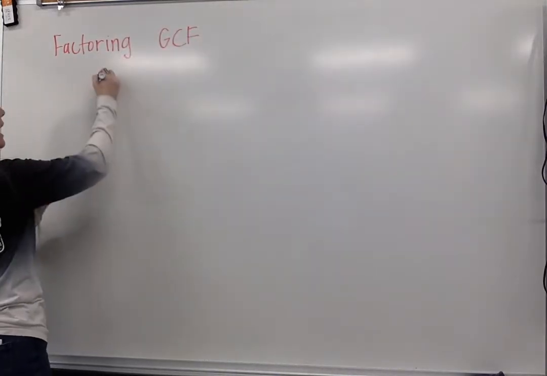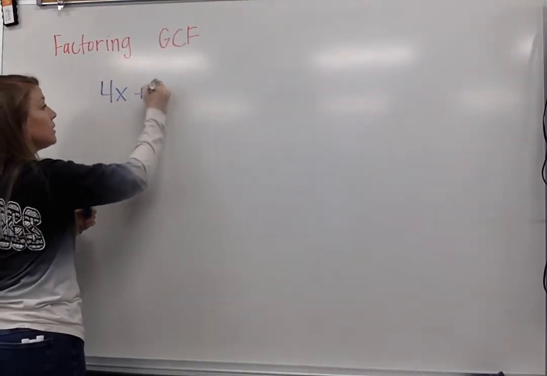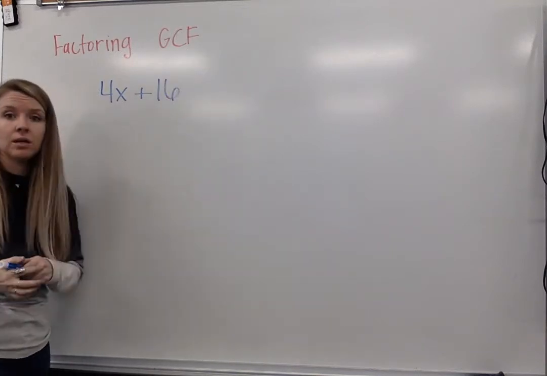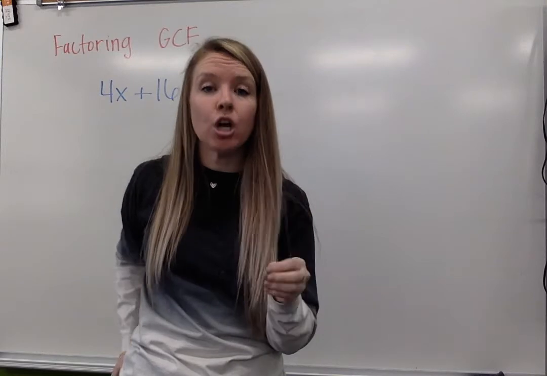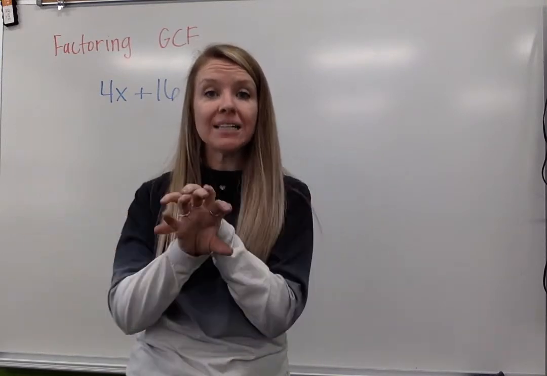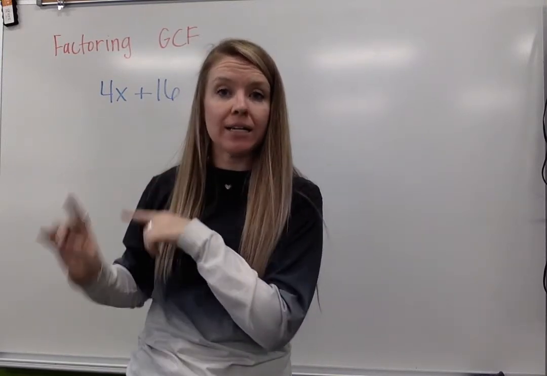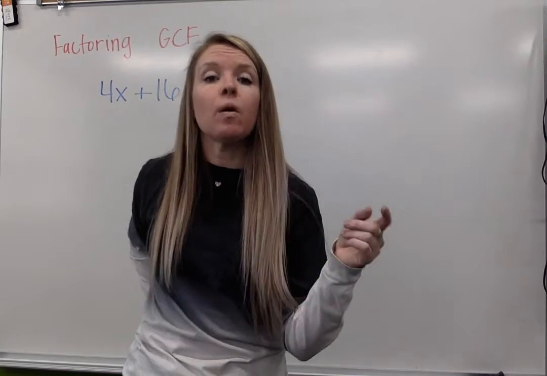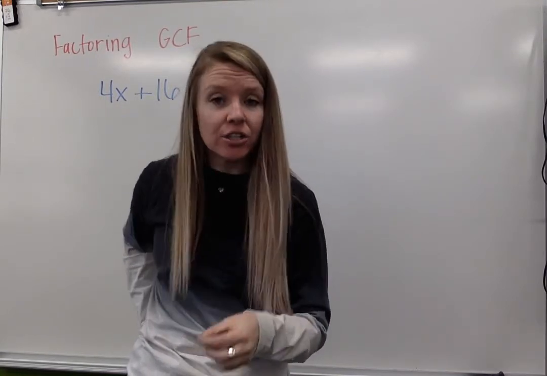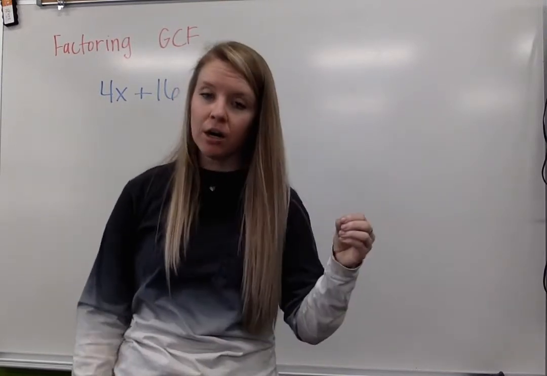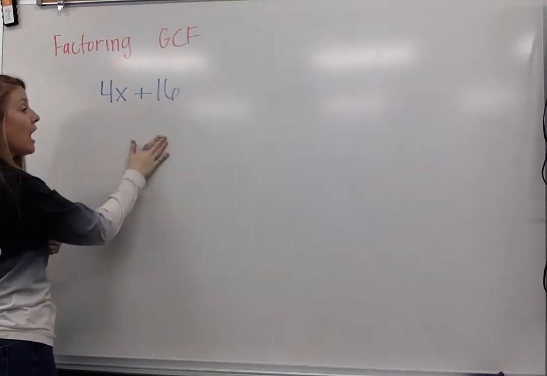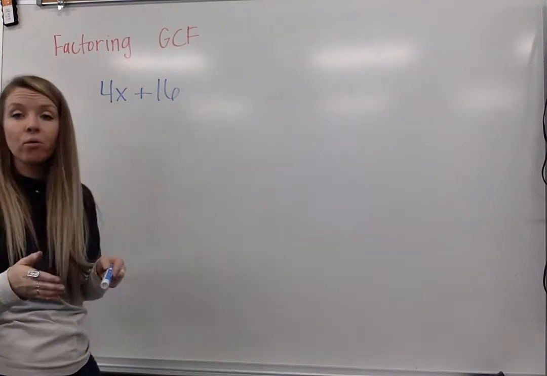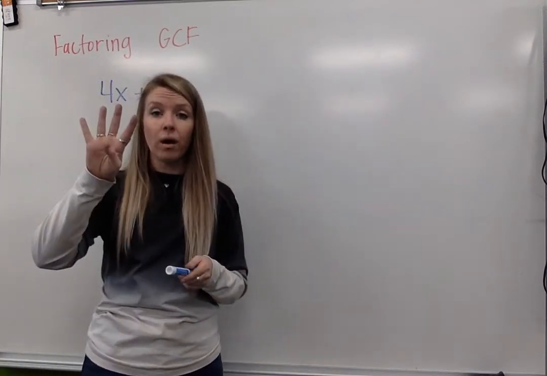Let's say we look at 4x plus 16. We have 4x plus 16, and I want to know what was multiplied together to equal 4x plus 16. So what we're going to look at is the factors of each term. If we look at 4x and 16, I know that they are both divisible by 4.